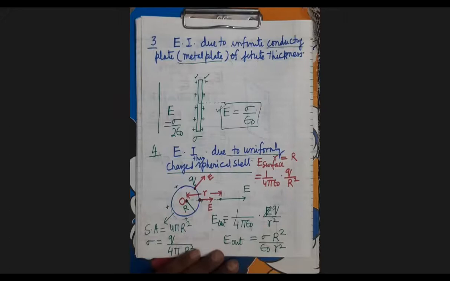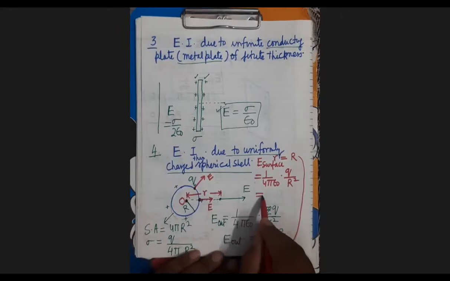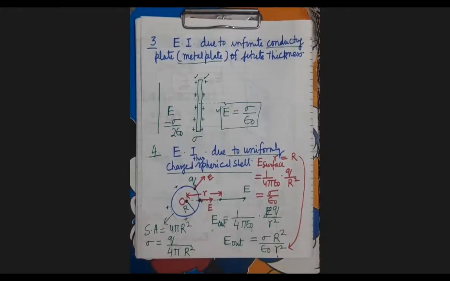When you substitute here, capital R square upon capital R square cancels. Therefore, it will be sigma upon epsilon naught.